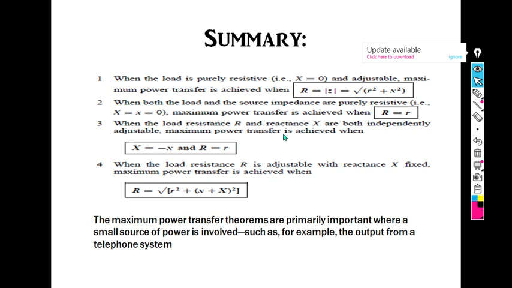When the load resistance R and reactance are both independently adjustable, then maximum transfer is achieved when X is equal to minus x and R is equal to r. When the load resistance R is adjustable with fixed reactance, then maximum power transfer is achievable when R is equal to the root over of source resistance square plus total reactance square.